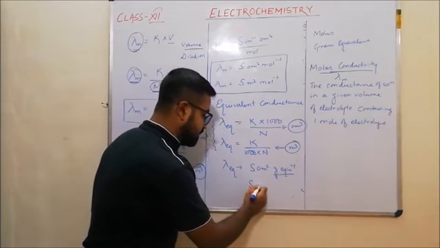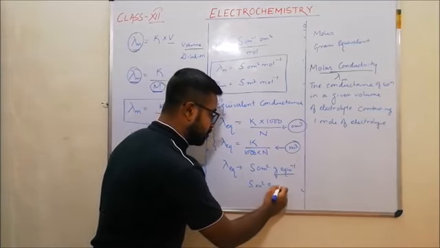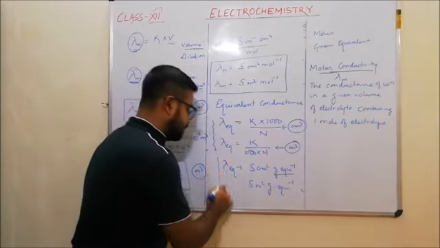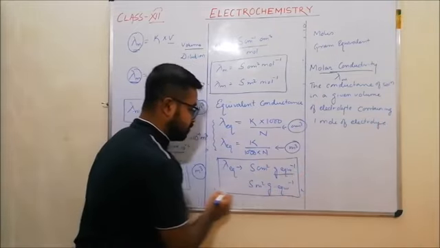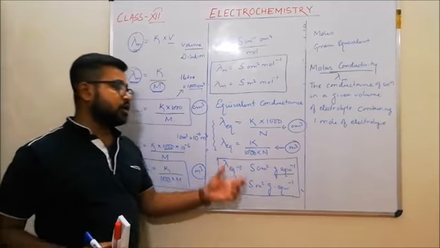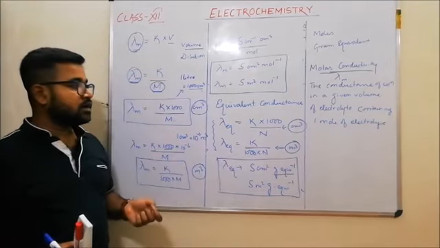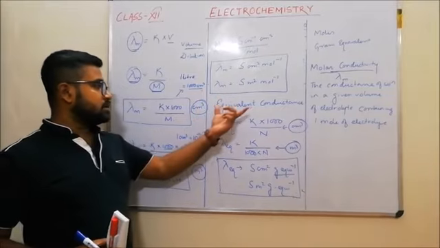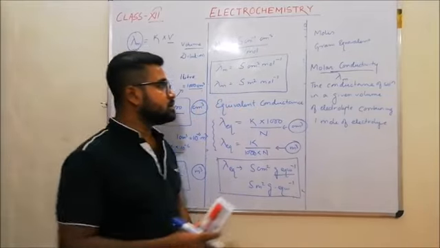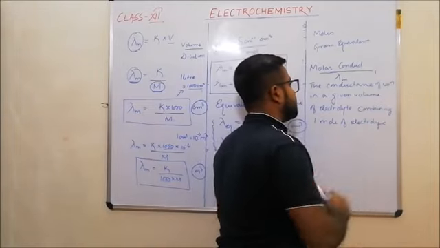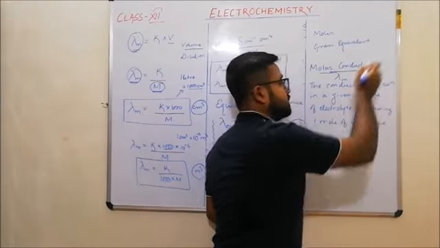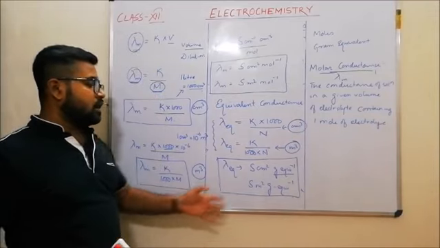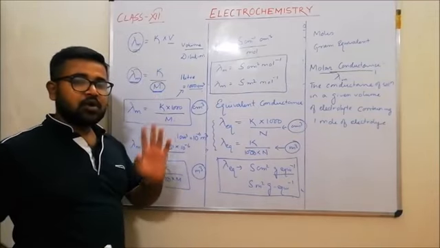Similarly, it is Siemens meter square gram equivalent inverse. So these are the important formulas and units of molar conductance and equivalent conductance. Clear? So in this way we have talked about conductivity and molar conductivity.